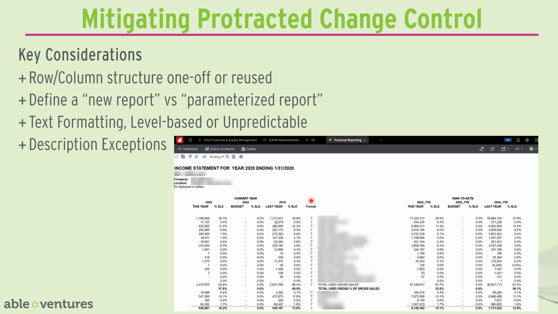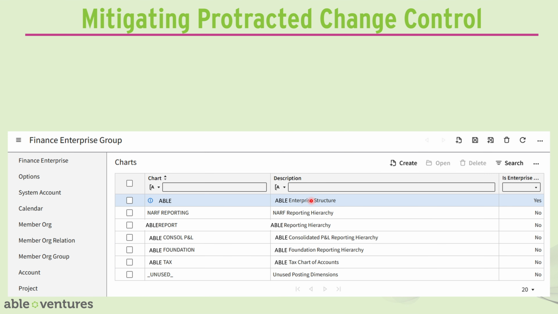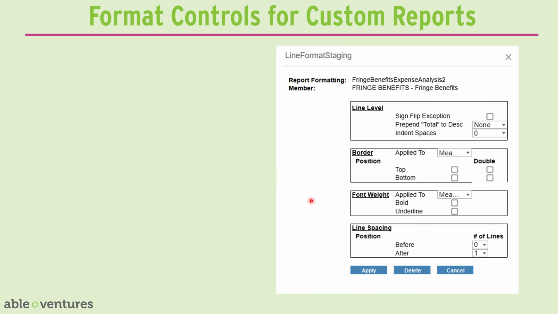So you can set font weights. The drop-down allows you to set it by description, by the measures that are on the report, or both. You can set borders, top, bottom. You can do double underline. You can set your indent for spacing, and you can append a total, just the word total, to the beginning of a description, or you can flip your sign.